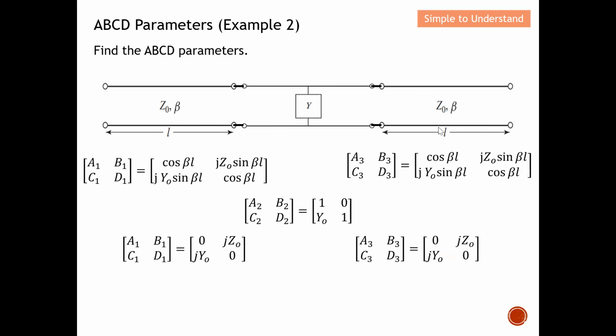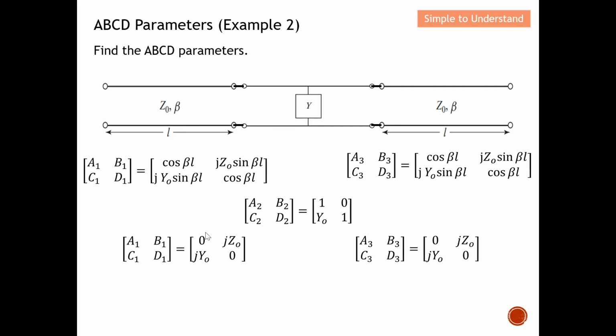In order to make the discussion easier, let's assume that the transmission line is quarter wavelength, or 90 degrees. So once I punch in 90 degrees, cosine 90 gives 0. Sine 90 is equal to 1, so therefore I get this jZ naught. And again, sine 90 will be equal to 1, and therefore I have jY naught over here. And cosine 90 will be 0.